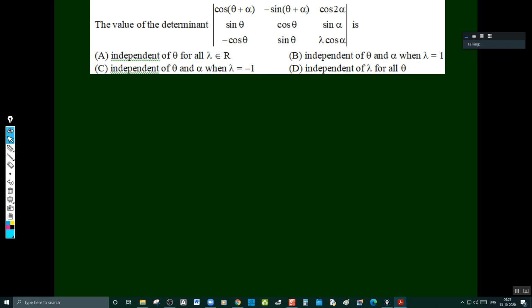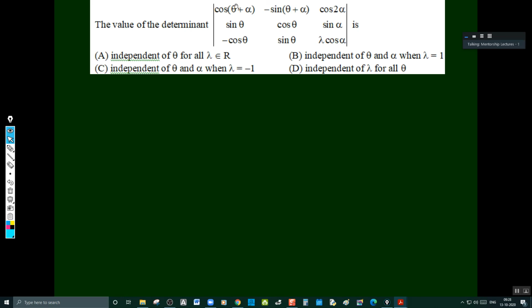So let us try to get zeros here through row column operations. Cos theta cos alpha, you multiply this with cos alpha, and sin theta sin alpha, you multiply this with sin alpha, and add to this.